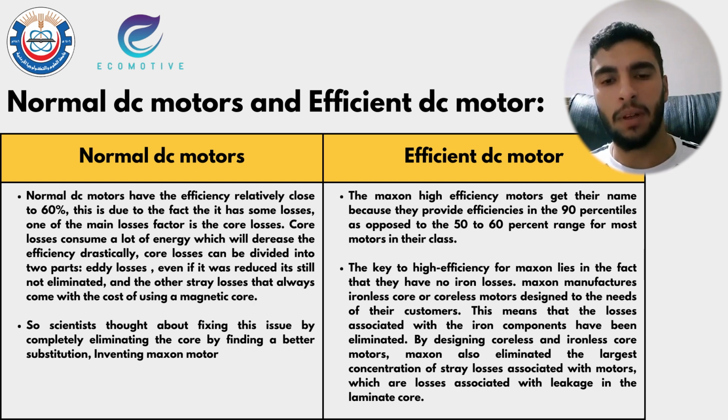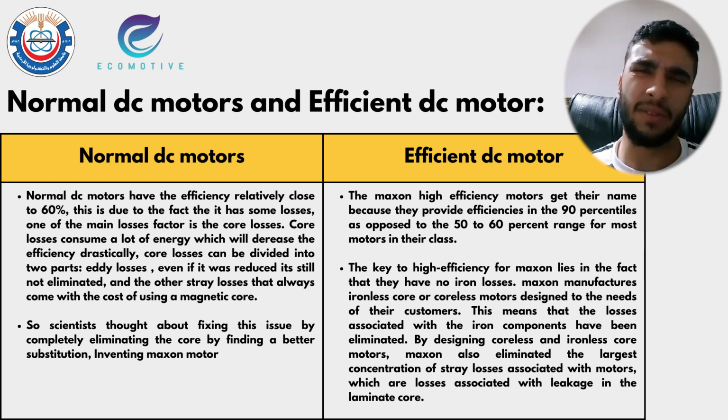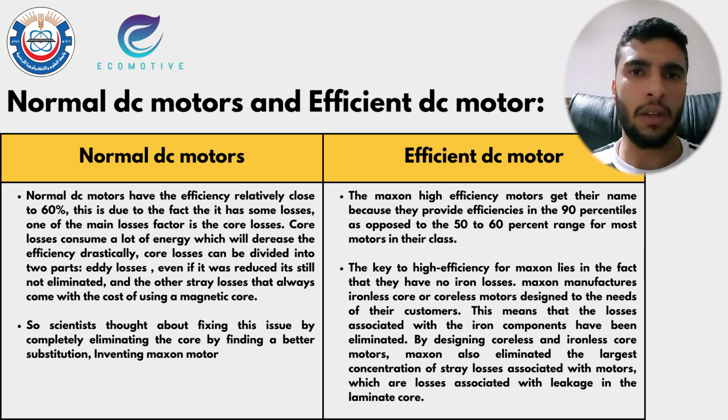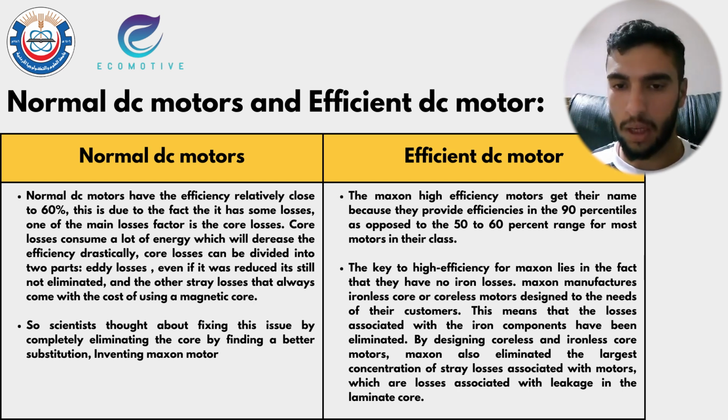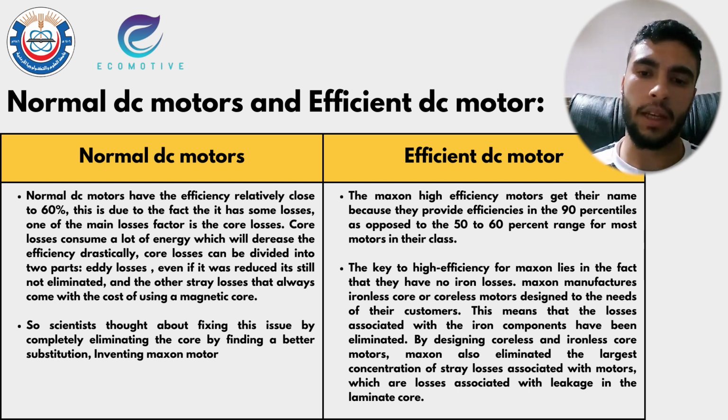So yes, we have a problem right here. We have the normal electrical motor, whose efficiency is only around 50 to 60%, which is a huge problem. So scientists thought about fixing this problem, and they did something quite interesting: they eliminated the core from the electrical motor, and that's exactly what they invented. They invented the Maxon motor, which gives you over 90% efficiency.